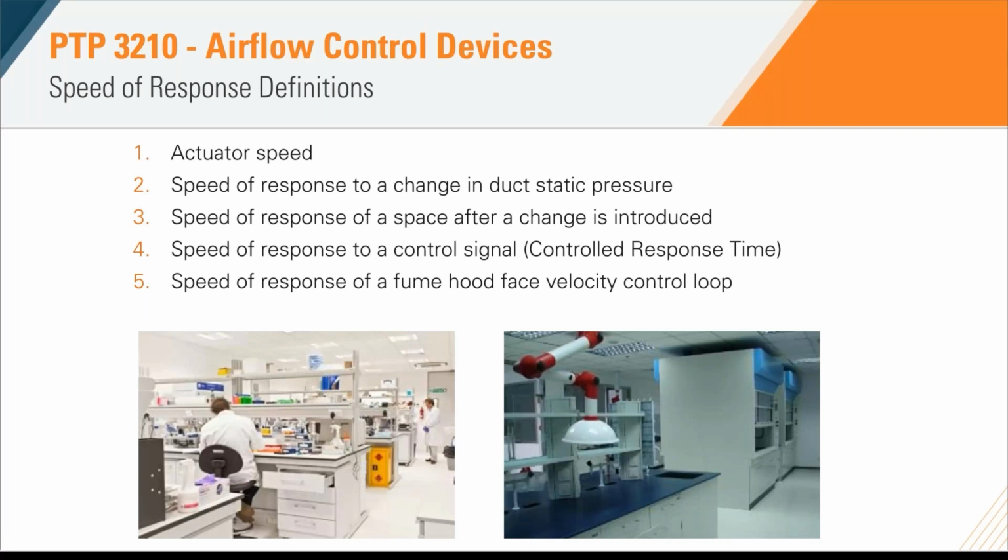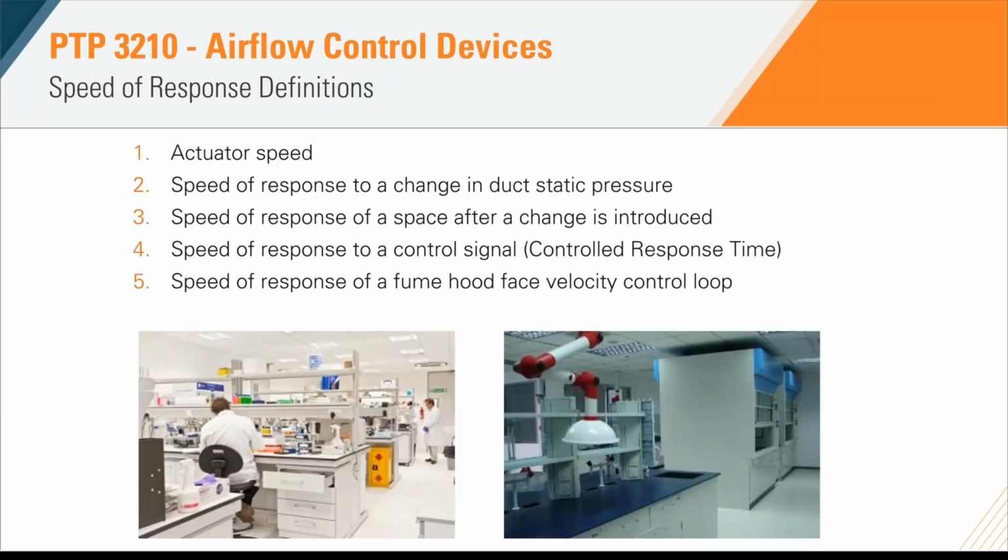And finally, we could be talking about our fume hoods and the face velocity control loop and how fast that needs to operate. So we're going to define all of these speed of response definitions to ensure that, when you're talking about your airflow control valves, you understand which type of speed of response is most important to your project.